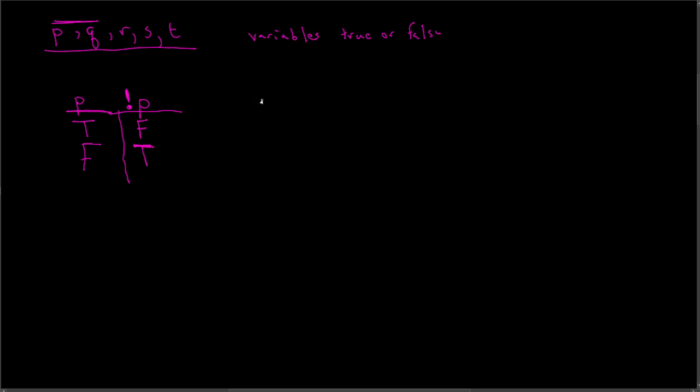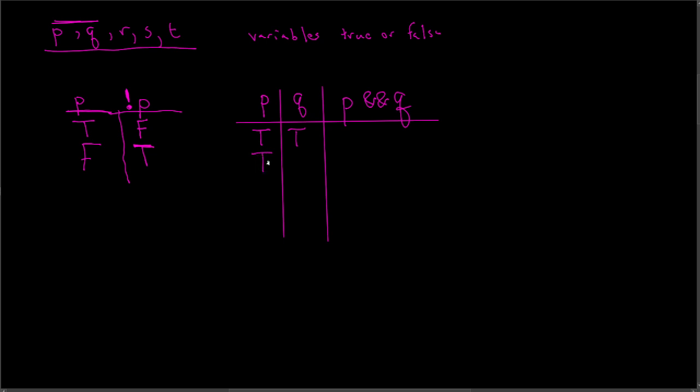The AND operator takes two sides. So I'm going to need two variables, P and Q. And what I'm going to try to look at is what happens when we get the operation of P and Q. So we have to look at all the possible values of P and Q. So P can be true, Q can be true.